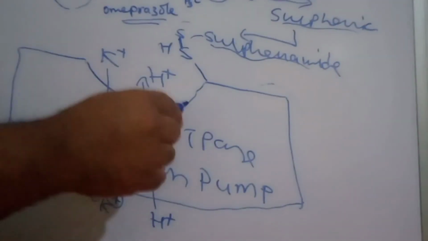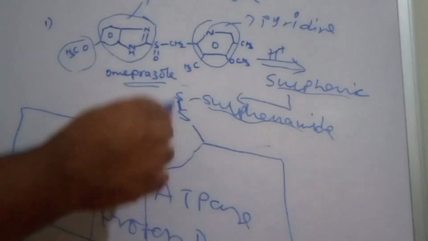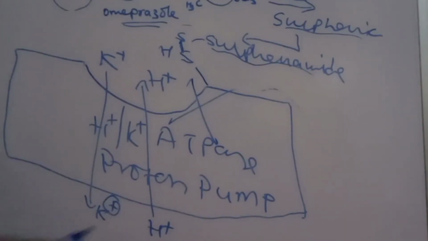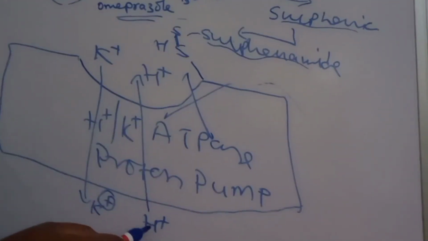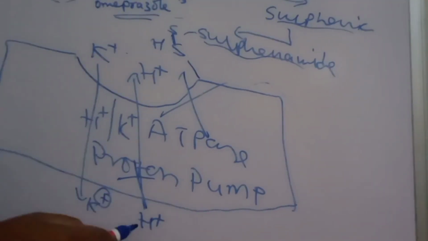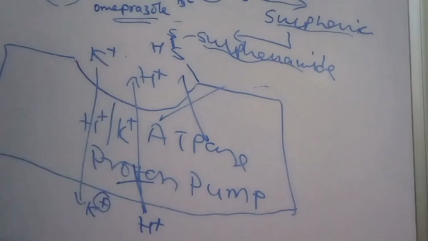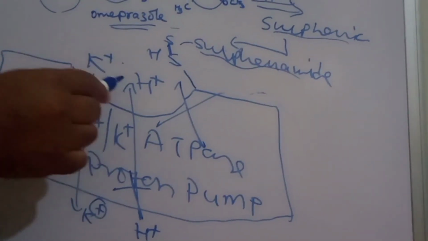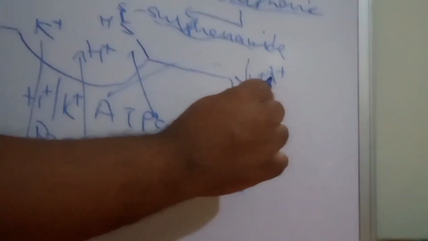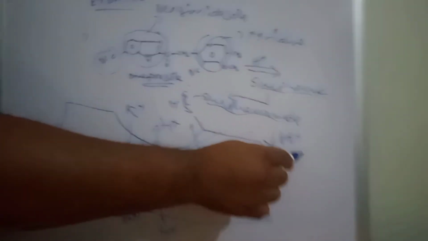When it binds the sulfhydryl groups of the enzyme, the hydrogen potassium ATPase pump or proton pump is inhibited. When the proton pump is inhibited, the influx of H+ ions will not take place, meaning H+ ions will not enter the stomach. There is a reduction in the H+ ions, meaning a reduction in acidity.